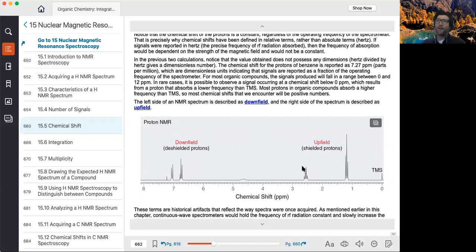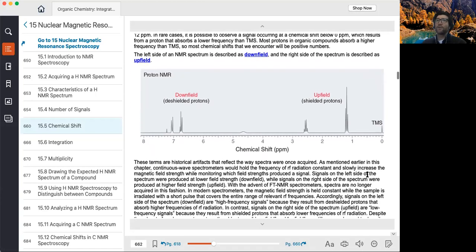If you're talking about this peak at around 2.5, it has several peaks that are more downfield than it, but it also has some peaks that are more upfield than it. So this downfield upfield is a way that we can talk about what side of the spectra certain shifts are at.